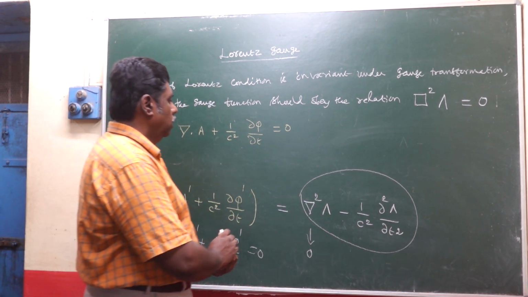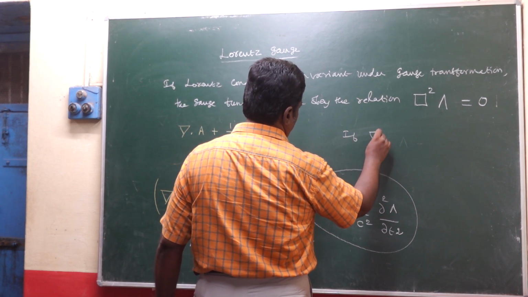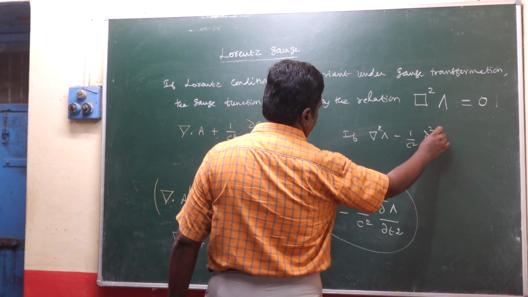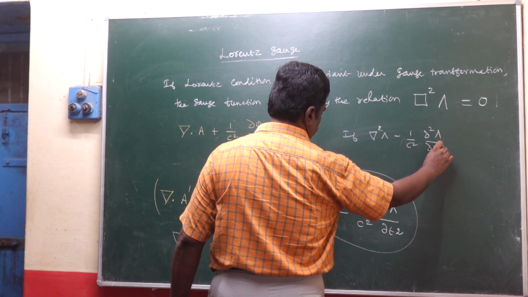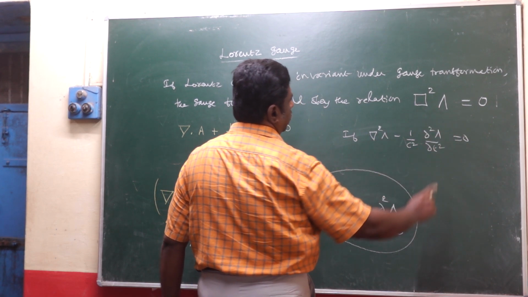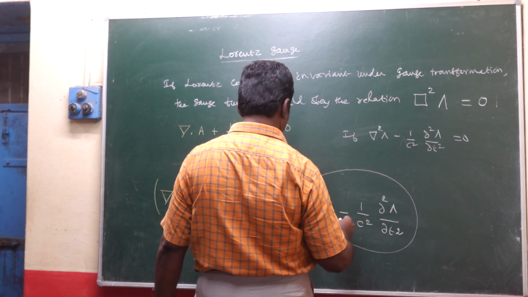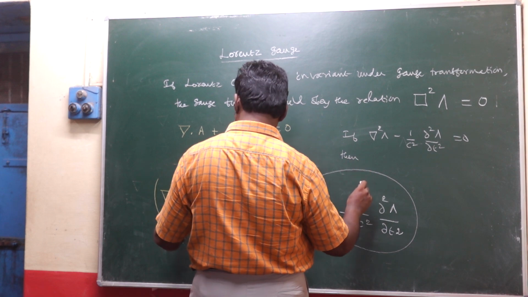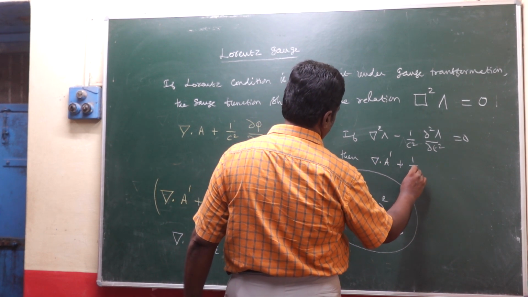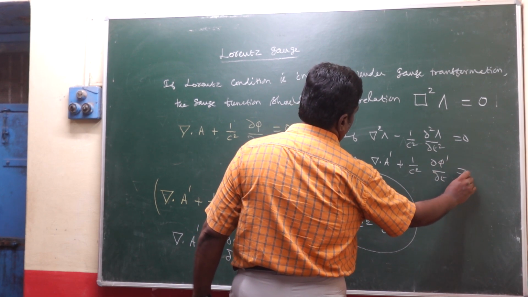If del square lambda minus 1 by c square dou square lambda by dou t square is equal to 0, which is nothing but our D'Alembertian operator operating on lambda, and this condition is satisfied, then del dot A dash plus 1 by c square dou phi dash by dou t equal to 0.